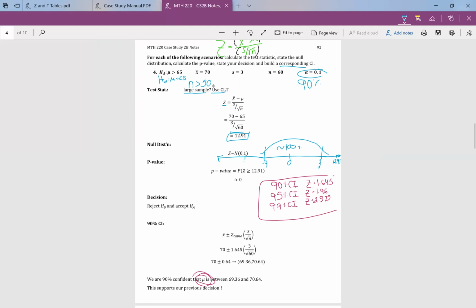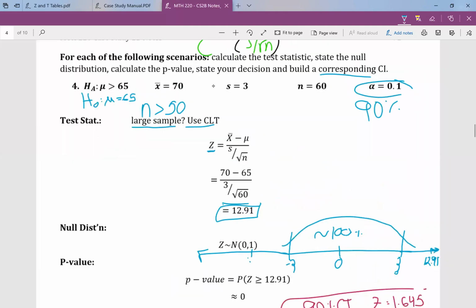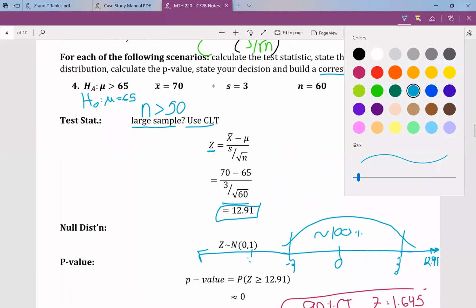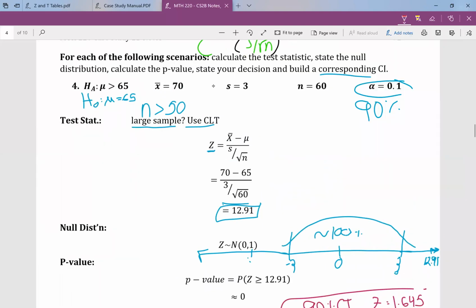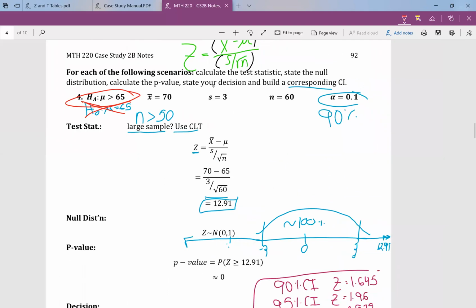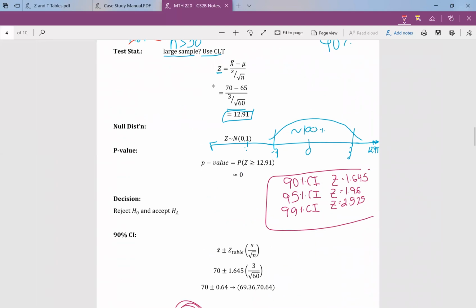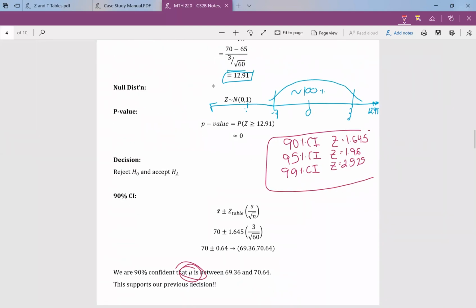Okay, now last thing on this page is this does support our previous decision, okay? We rejected H0 and accepted HA. We said that, so coming back up here, we rejected H0 and accepted HA and said, yes, mu is greater than 65. And look at what we got for our confidence interval, that our confidence interval starts at 69.36 and goes up to 70.64.